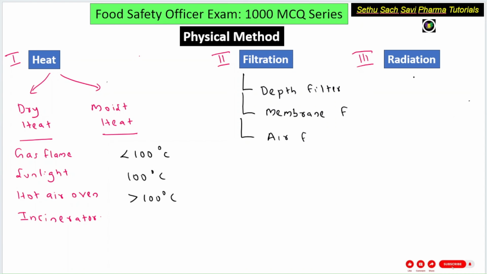Now coming to radiation sterilization, that can again be divided into two categories. One is ionizing radiation. The second one is non-ionizing radiation.